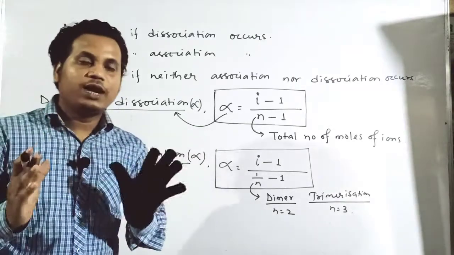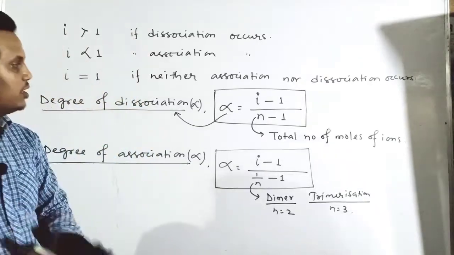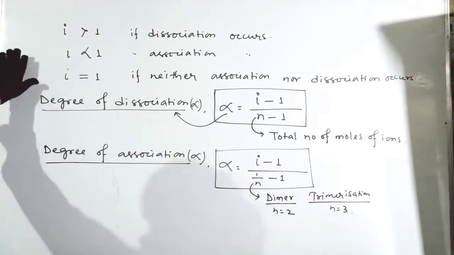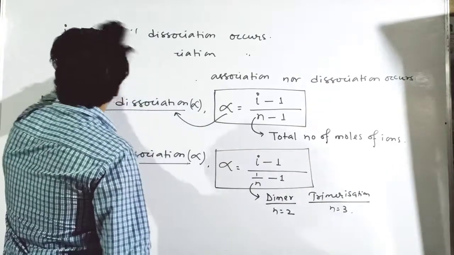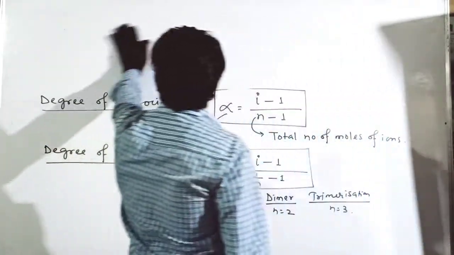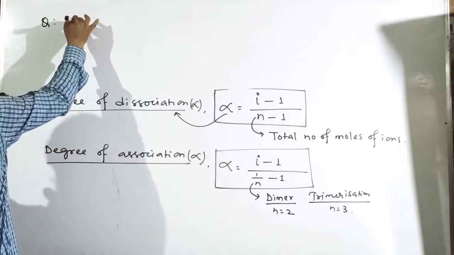So whether 100% dissociated or not 100% dissociated, we can find the value of I. Now take 1-2 examples.